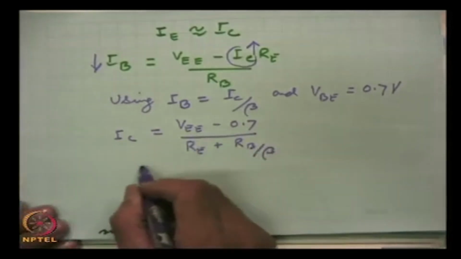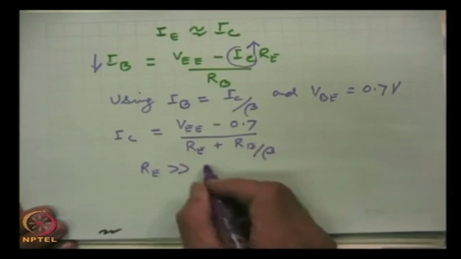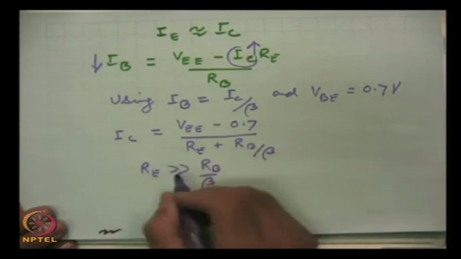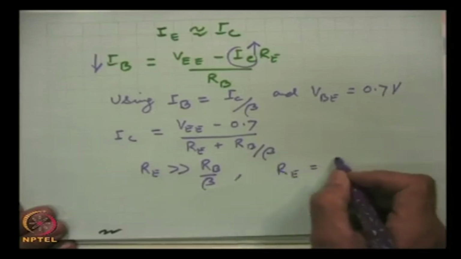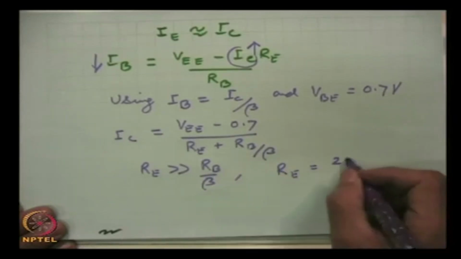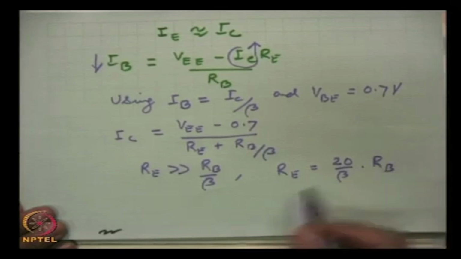and if we design the circuit such that this RE is large in comparison to RB by beta. By this very large we mean, for example, RE is taken 20 times of this factor. This is good enough.